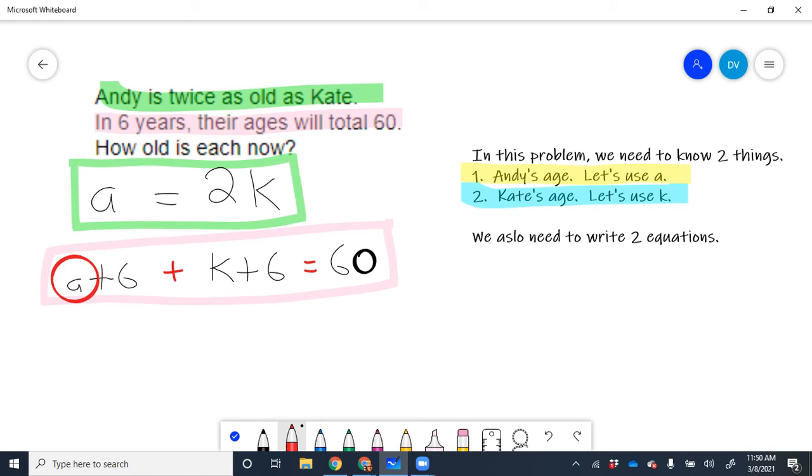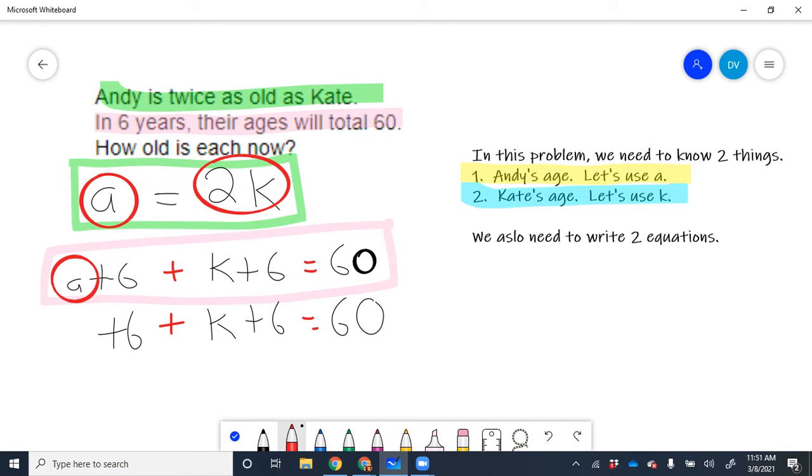I'm going to replace that A with 2K. But I'm going to write the rest of the equation first. I'm going to write the plus 6, the K plus 6, and the equals 60. And in a second here, I'm going to replace A with 2K. So instead of writing A in the front there, I'm going to put 2K there.